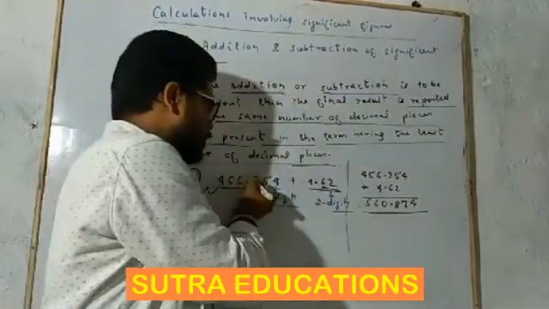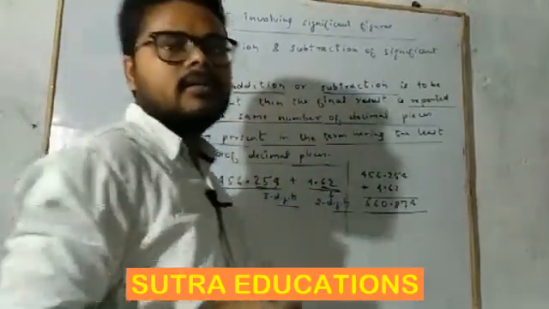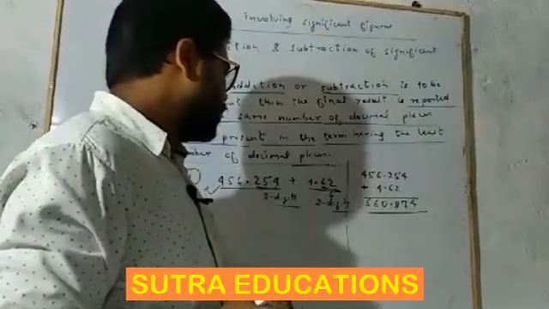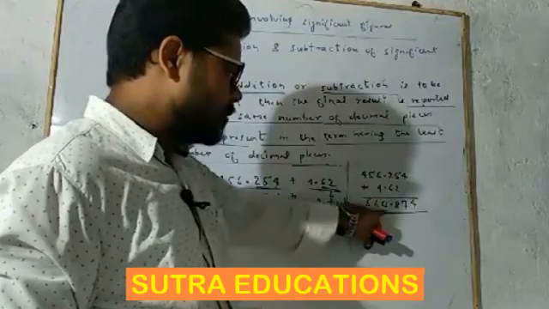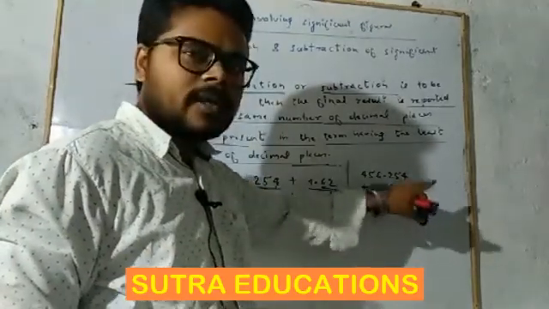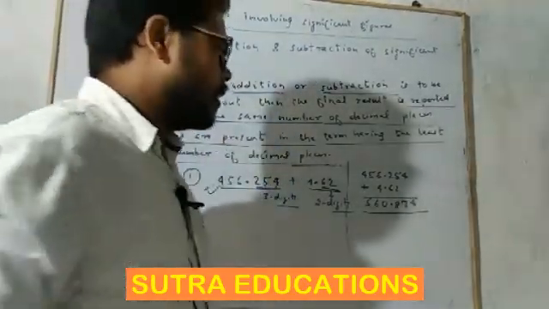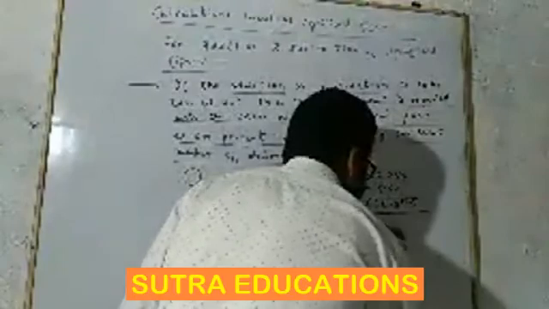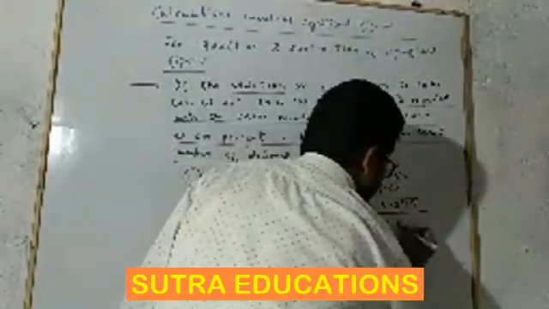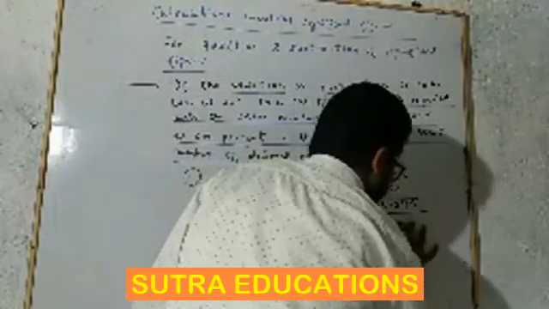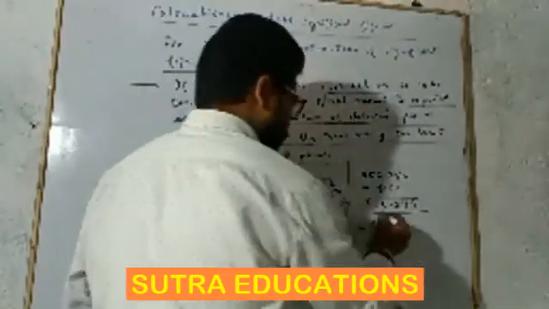After the addition, the result we are having is 560.874. But according to this rule, our answer should be 560.87. Getting it?